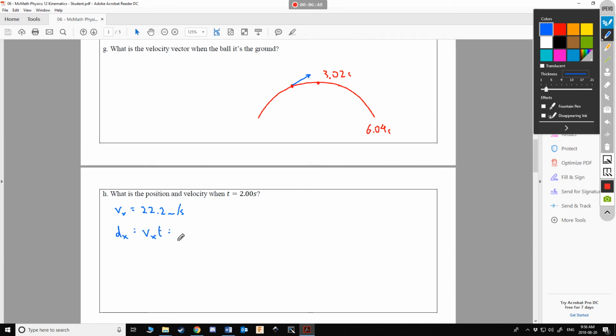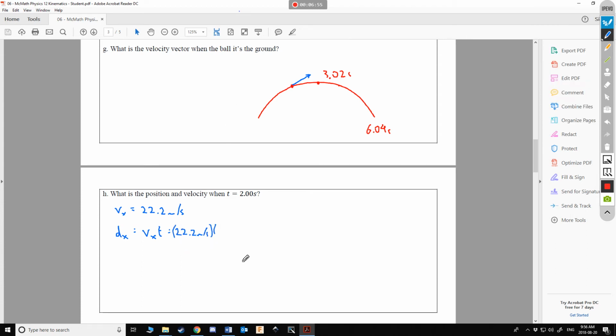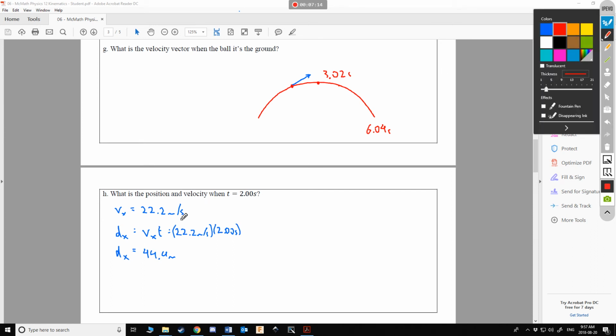So that's equal to 22.2 meters per second multiplied by 2.00 seconds. So you see dx is equal to 44.4 meters. Okay, so there's our Vx, and there's our dx.